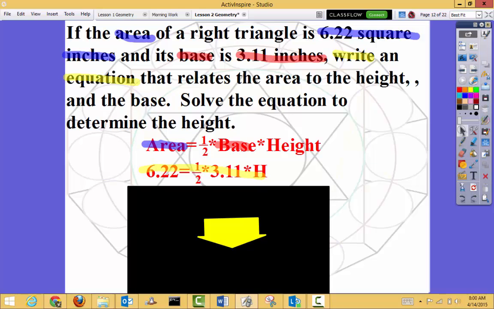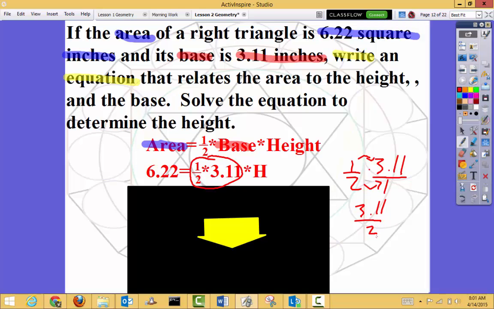My next part says it needs to be solved, so I need to find what this h is. So what do I need to do? Well, I need to get rid of this part right here. So I need to multiply 1/2 times 3.11. Well, I can take a number and put it over 1, and then I multiply straight across. So this will be 3.11 over 2.